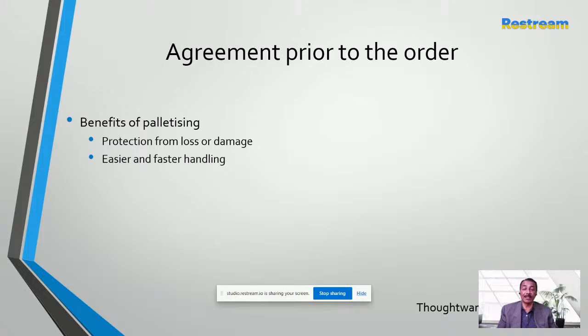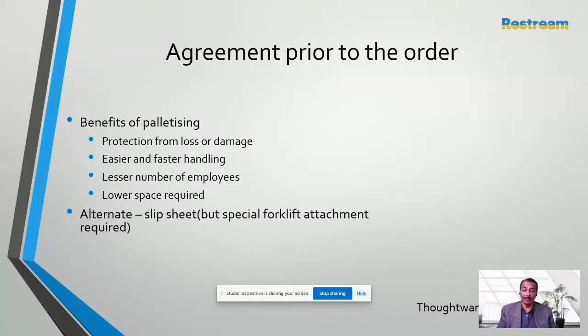This is where pallets are used, because then you can mechanically handle them using either a forklift or a pallet truck. This can also lead to fewer employees working. And finally, if you are organizing things neatly on a pallet, this can lead to lower space required.